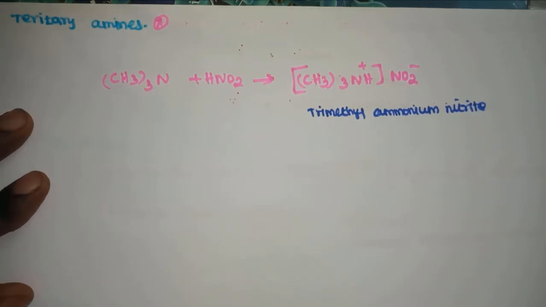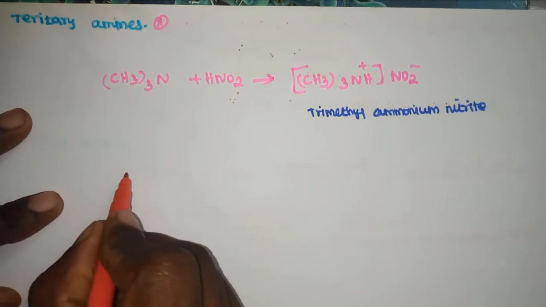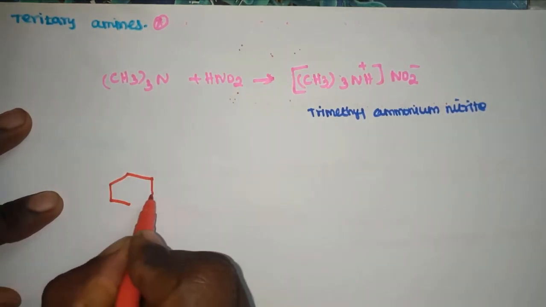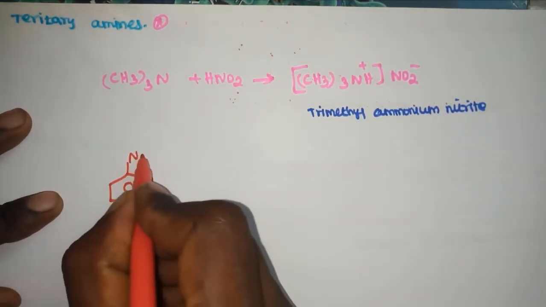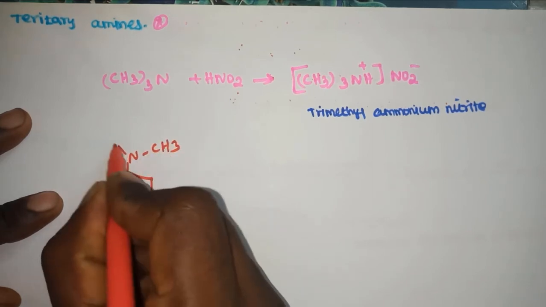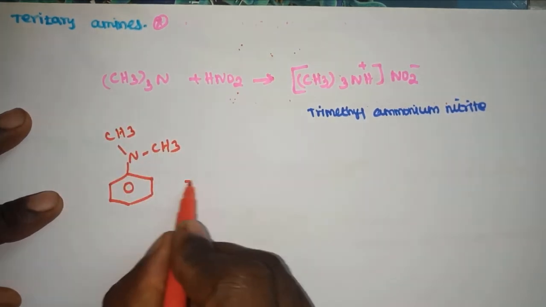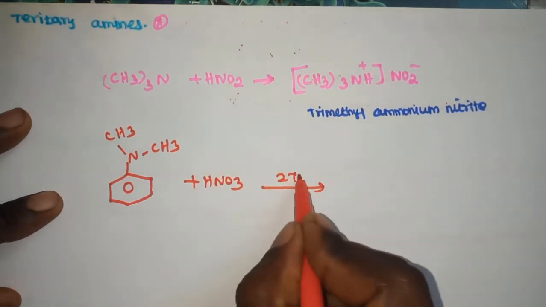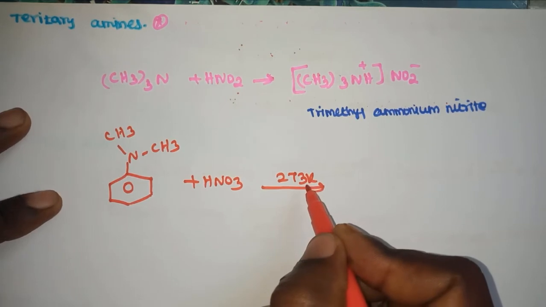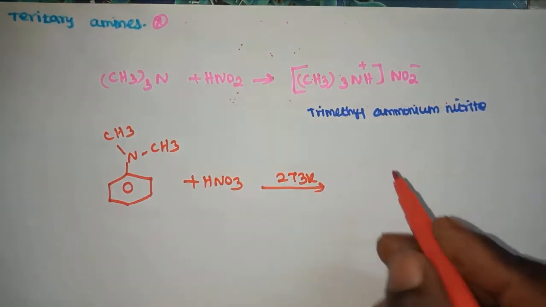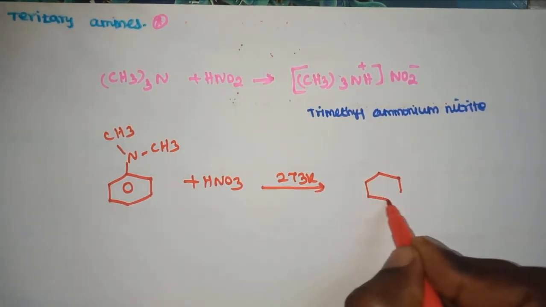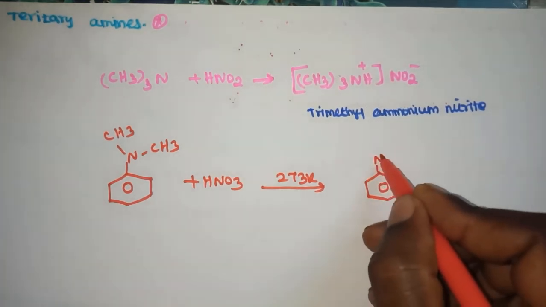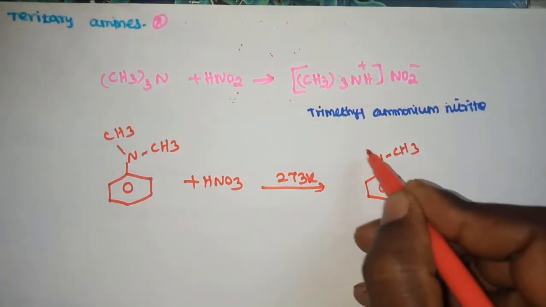Next one is aromatic tertiary amine reacting with nitrous acid at 273 Kelvin, which gives a para-nitroso compound. Example for aromatic tertiary amine is N,N dimethyl aniline. It reacts with nitrous acid at 273 Kelvin to form para-nitroso N,N dimethyl aniline.